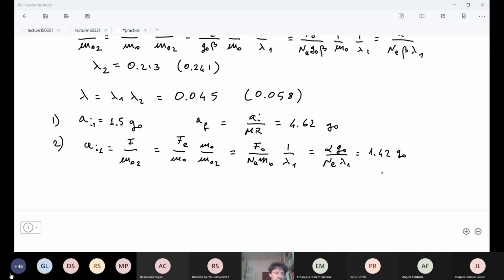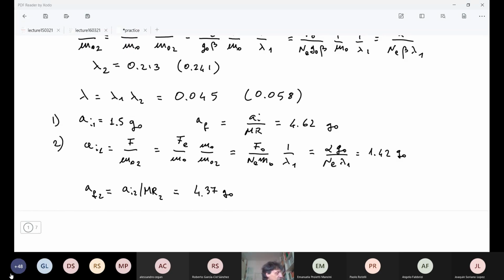And the final value is easily obtained by the mass ratio also here, and will be 4.37 G0. So we see that for this example, having considered 5 engines at the first stage and a single engine in the second stage will allow us to have similar acceleration levels at the two stages. So it's meaningful to have different thrust levels.